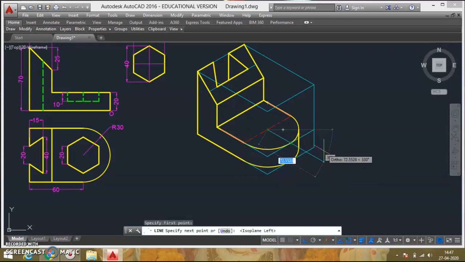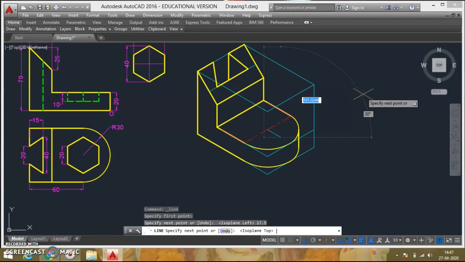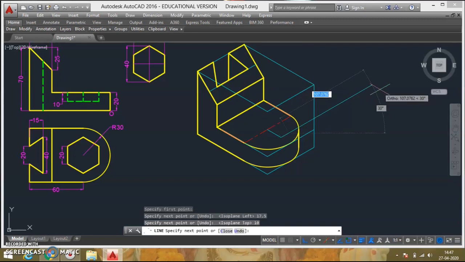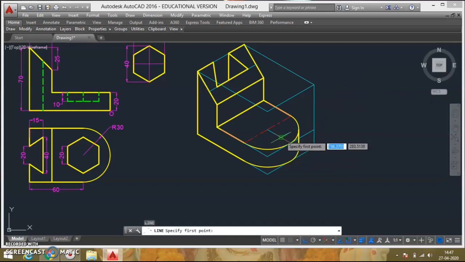I'll draw on this side 35 means 17.5 on this side. Then on this side 10, then again on this side 10. Same method I can do for the other side. So 17.5 from this side, then 10 on this side, 10 on this side.